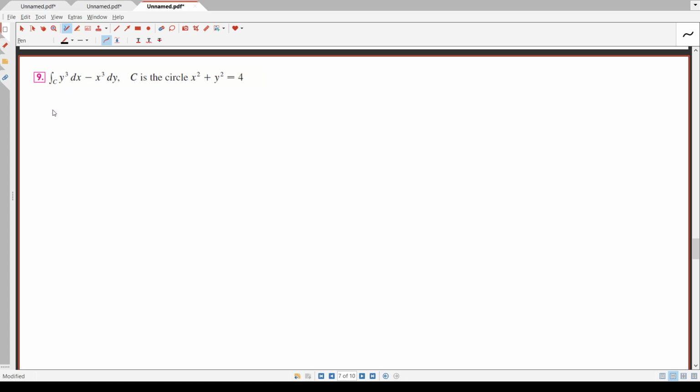Okay, so here again we want to integrate around this loop, around the boundary of this domain, of F dot dr. So F is going to be these components.